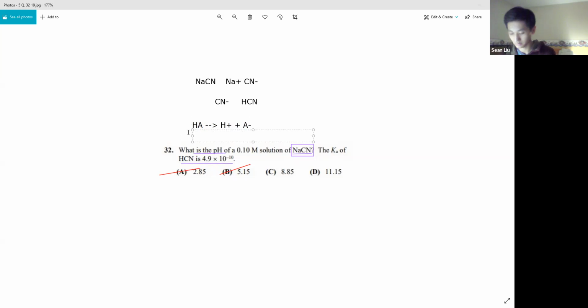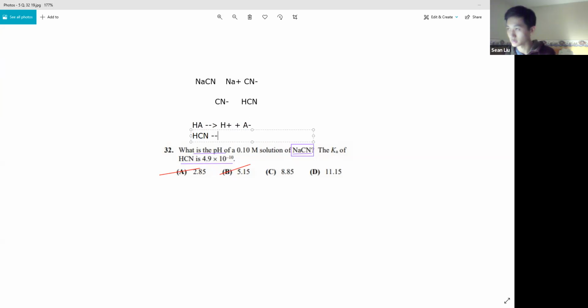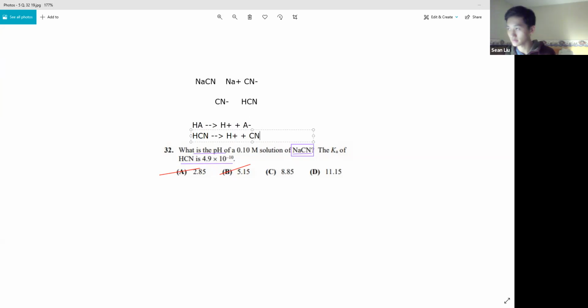So Amos, you start out with HCN. What do you write next? Oh, H plus. All right, I'm going to say goes to H plus and CN minus. This is going to be our acid dissociation equation for HCN.